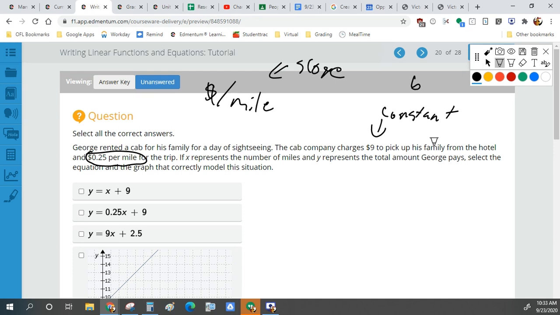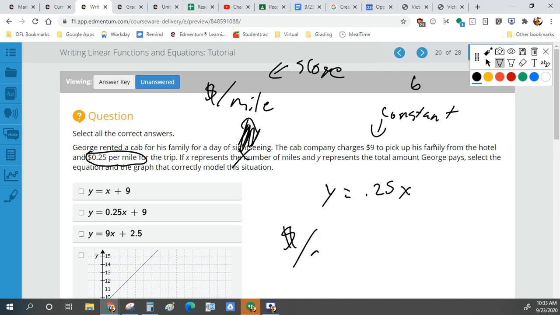So when we're doing this, we have y equals 0.25, because it's $0.25. So that's why you have that decimal, times x, where x is the number of miles. So when we multiply miles by dollars per mile, we only get dollars. That's why they cancel out.